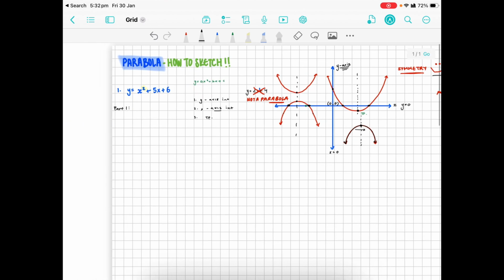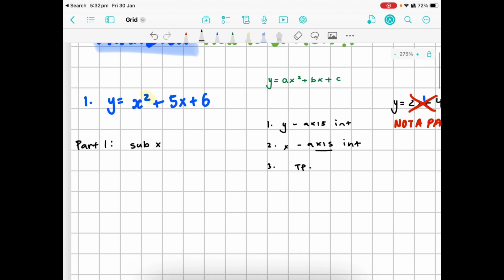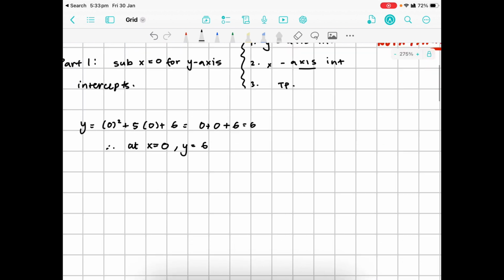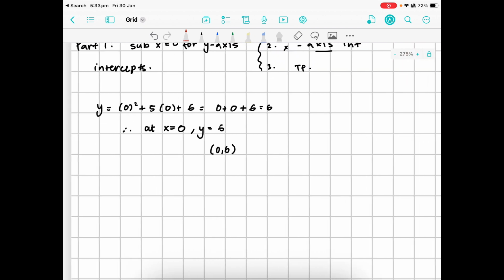That means something neat that we can do to find where the y-axis intercept is. So we know that the point is at (0, 6). That was super easy, and your examiner will give you 1 mark.